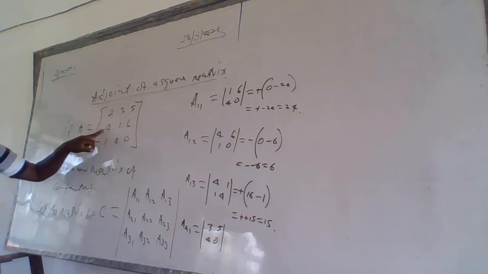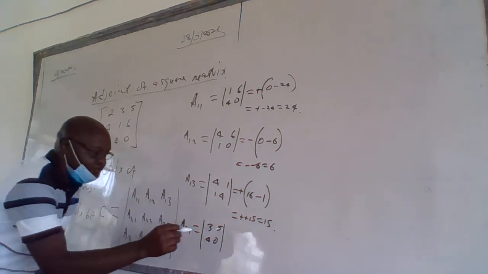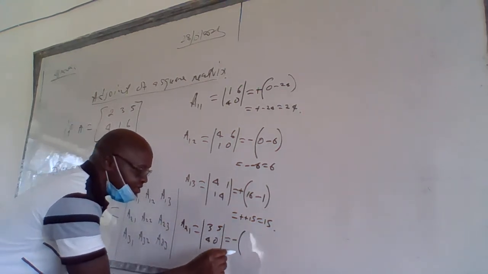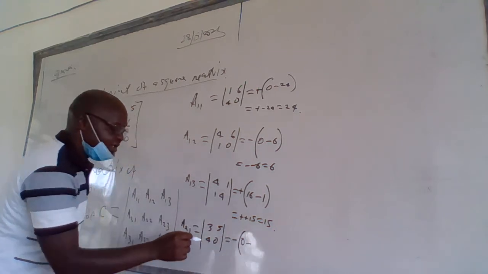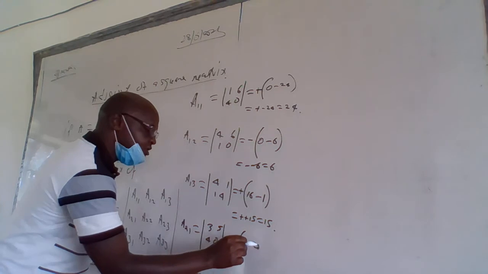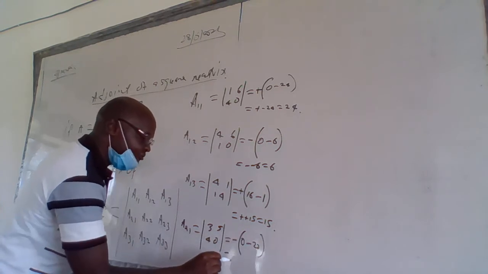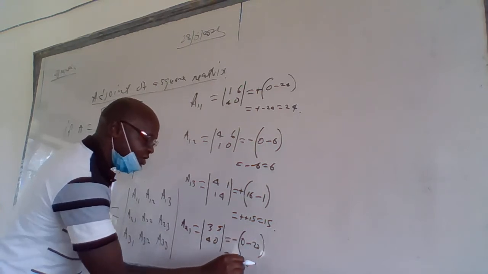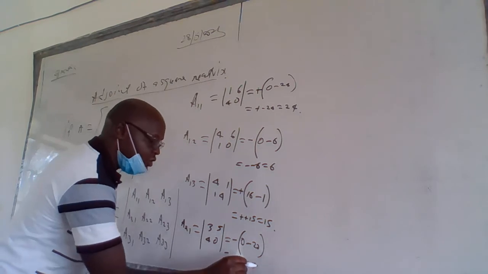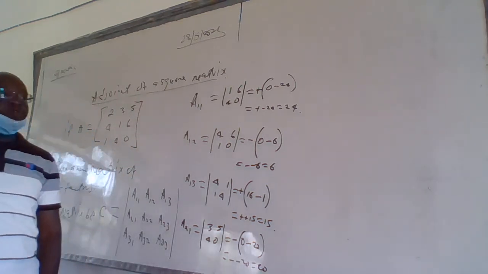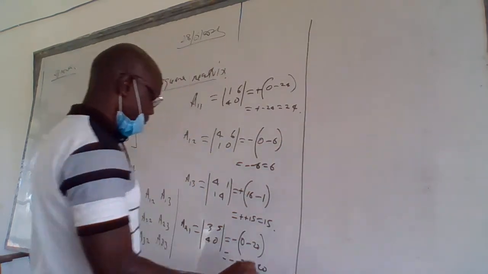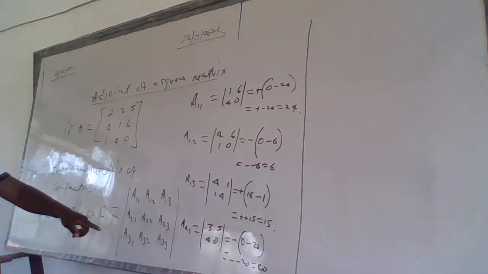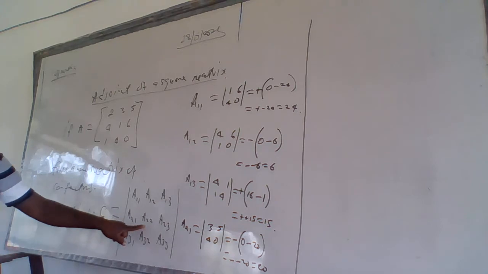The place sign negative equals to minus. 0 times 3 we have 0, minus 4 times 5 is 20. So we have minus 20, which equals to positive 20. That is A21.